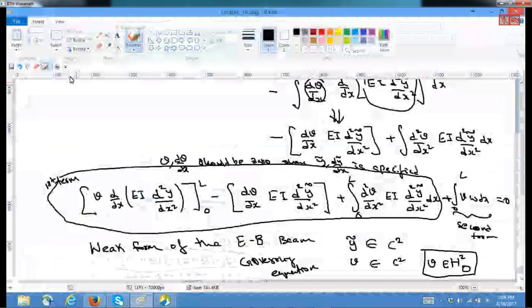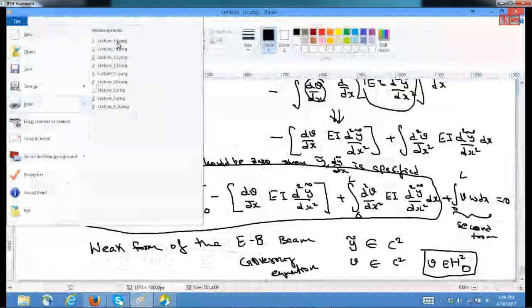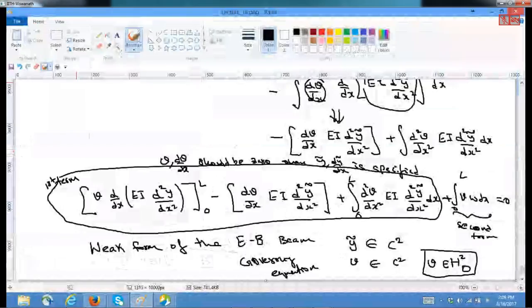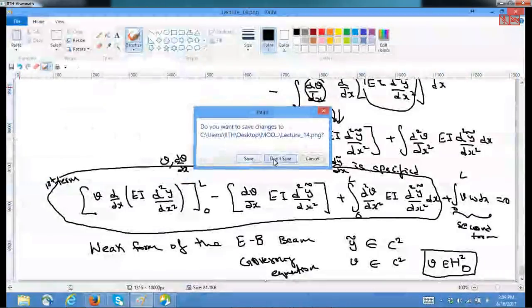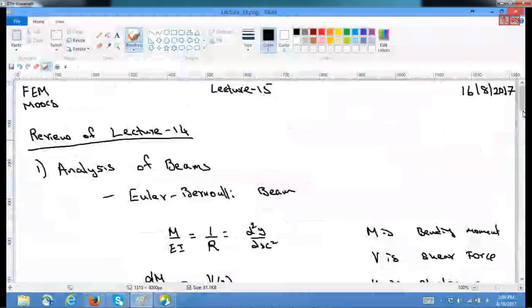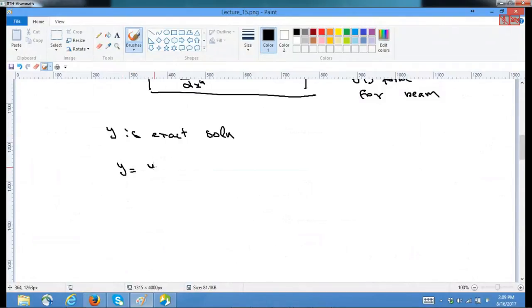The weak form or the integral form can be written as follows. What we did was, when we substitute our y as the exact solution, but we know that we are only seeking y tilde, then there exists an error.